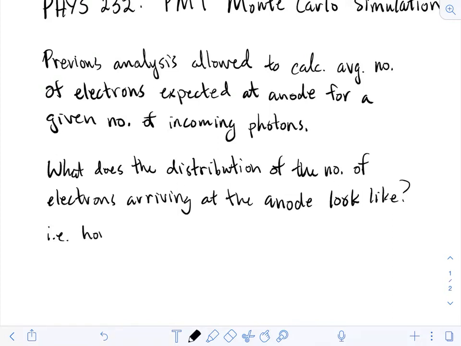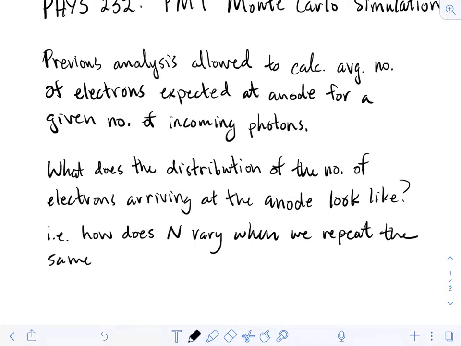That is, how does n vary when we repeat the same experiment over and over? By the same experiment, what I mean is we always send in the same number of photons. Every trial starts the same, and then we just look at how the number of final electrons at the anode varies.